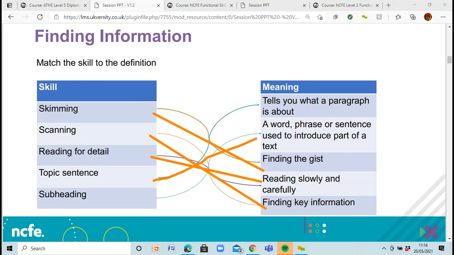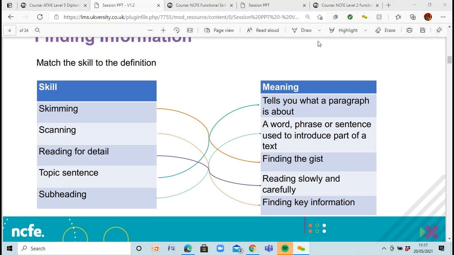Topic sentence is just telling you what the paragraph is about, and then subheading is a word, phrase, or sentence used to introduce part of a text. There you go. Fantastic. Brilliant. That's really well done, guys. You're doing really good on here. Get my arrow back. There you go.